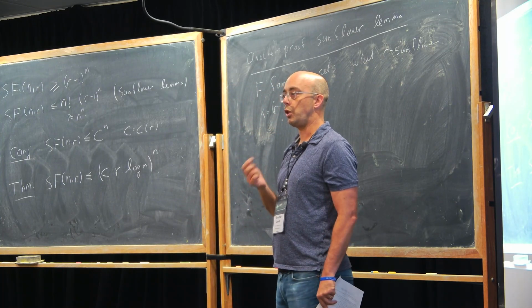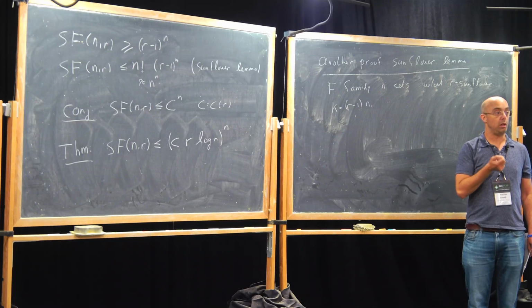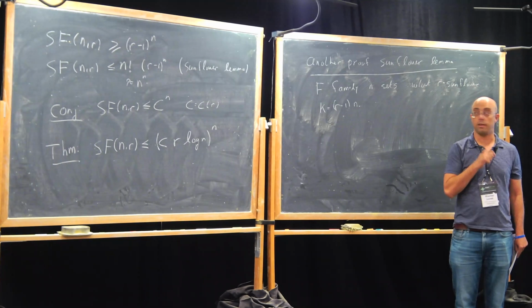And we're going to ask ourselves a question. Is there an element in our universe that is popular? Popular means it belongs to at least a 1 over k fraction of the sets.